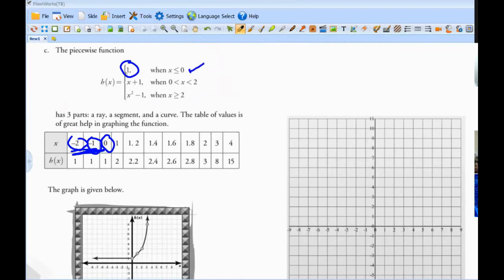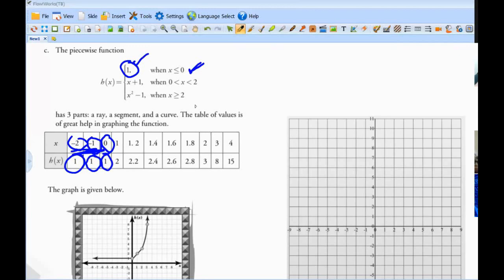It is on 1 only. So if it is -2, the value is 1. If it is -1, it is 1. If it is 0, it is also 1. If you give numbers less than or equal to 0, the value is always 1.